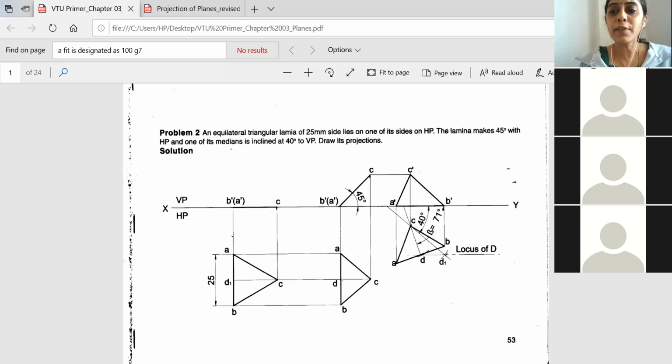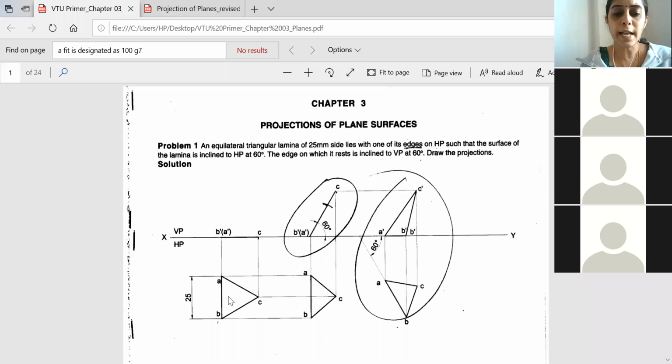Okay, in the previous problem you can notice the projection was exactly parallel and it was told that the edge is resting at 60 degrees to VP. So we didn't calculate the apparent angle here. If it was told that the median is resting at a 60-degree line to VP, then first you have to determine the apparent angle.